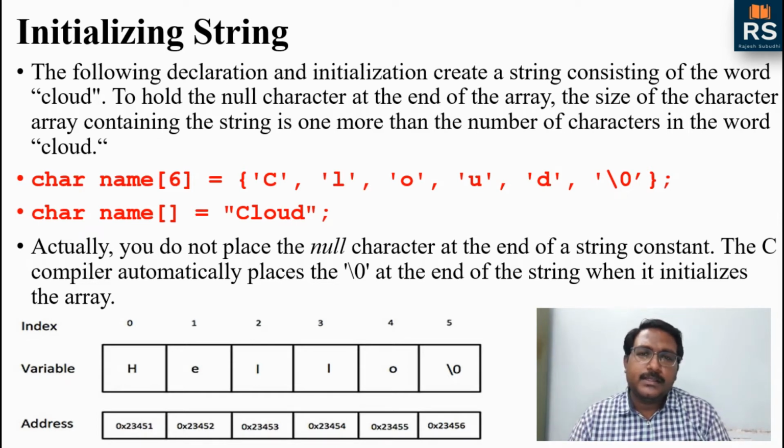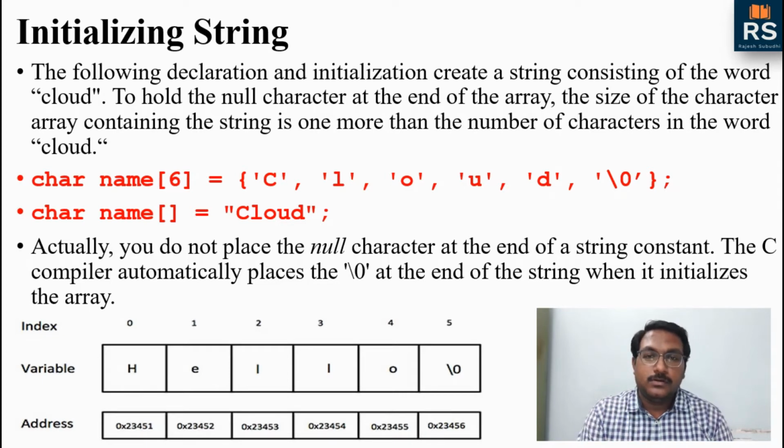If we treat it as a character array, we can do work on every individual element basis. Similarly, if it's a string, we have to do work as a whole.